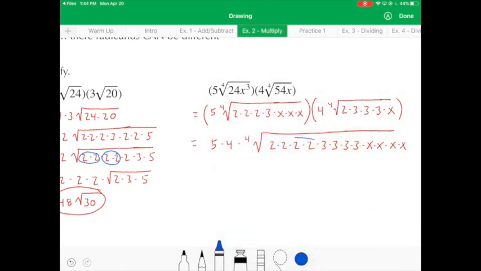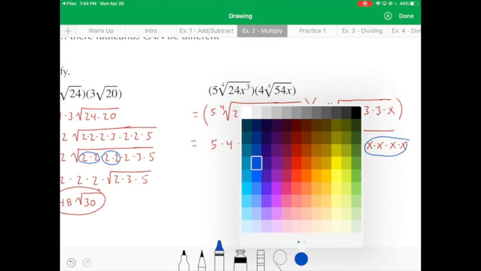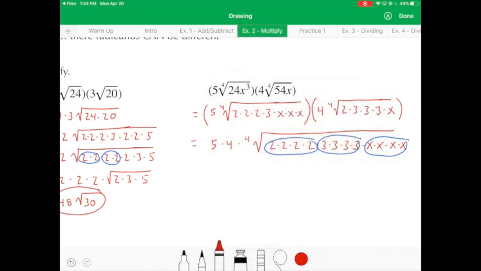So that means I'm going to be able to pull a 2, a 3, and an x out. And there will be nothing left inside this radical. The radical completely clears here.